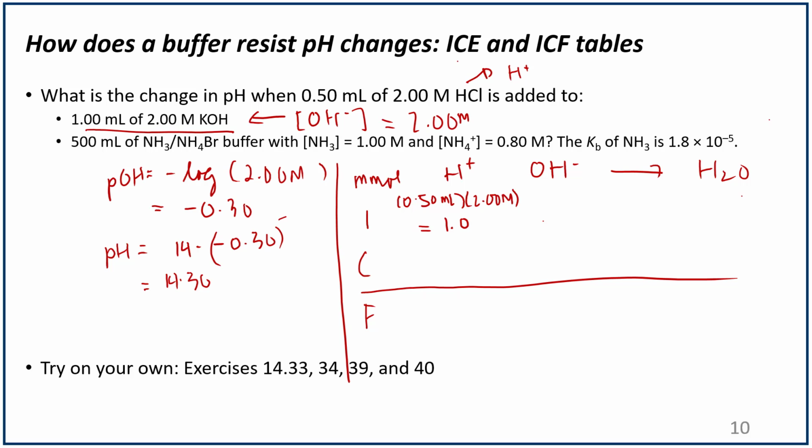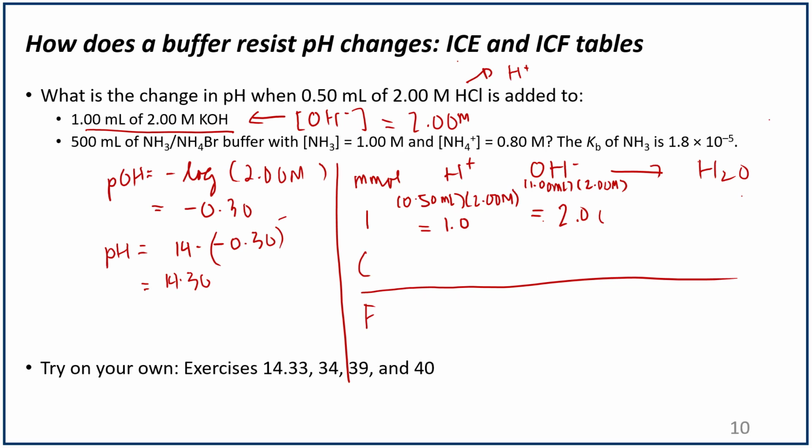And then for hydroxide, that will be 1 mL times 2.00 molar. This will give you 2 millimoles. And then for water, we just assume that there's none of it to begin with.